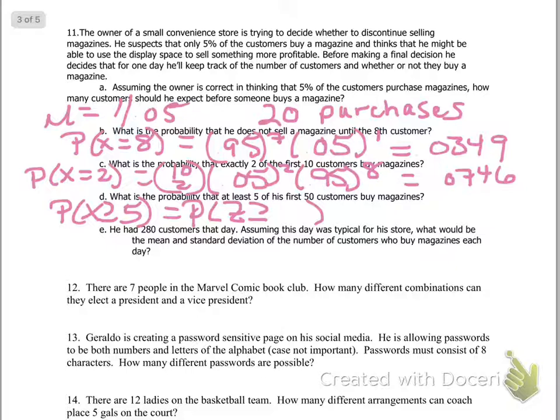E, if he had 280 customers that day, assuming that the day was typical for a store, what would be the mean and standard deviation for those who would buy each day? Okay, so the mean and standard deviation, you do have to know what this is. So that's 280 times 0.05 for the mean, and that is 14.